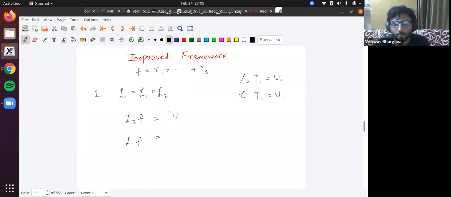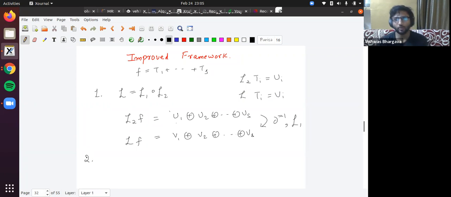So this being the U1 direction, U2 direction, up to US, and when you apply the L1 operator, you get V1 direction, V2 direction, up to VS. All right. And the second thing you need is that this is a unique decomposition.